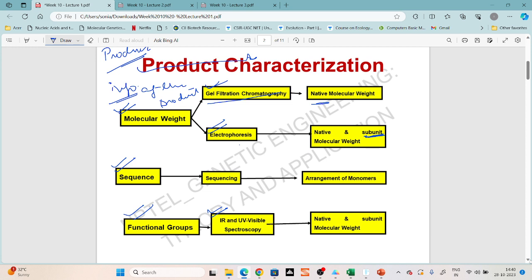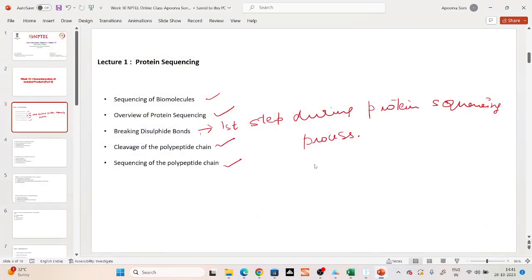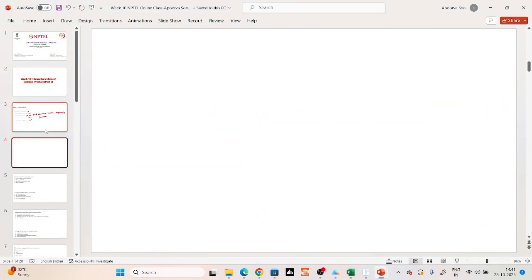Protein is not a single entity; it is made up of different subunits, and different subunits can have different molecular mass. So that is the difference between native and subunit molecular weight.